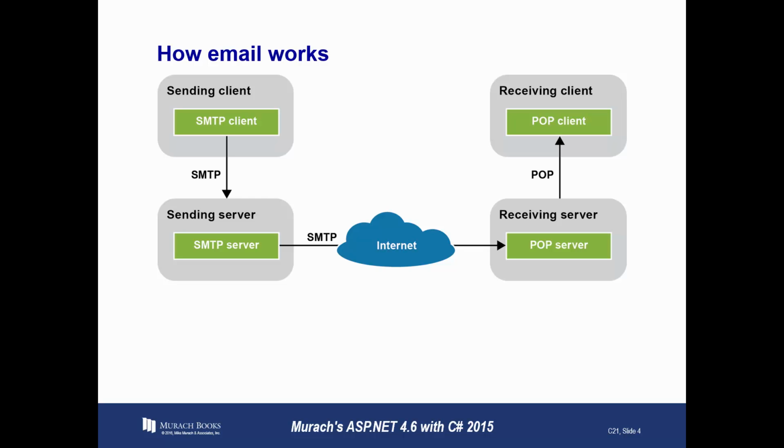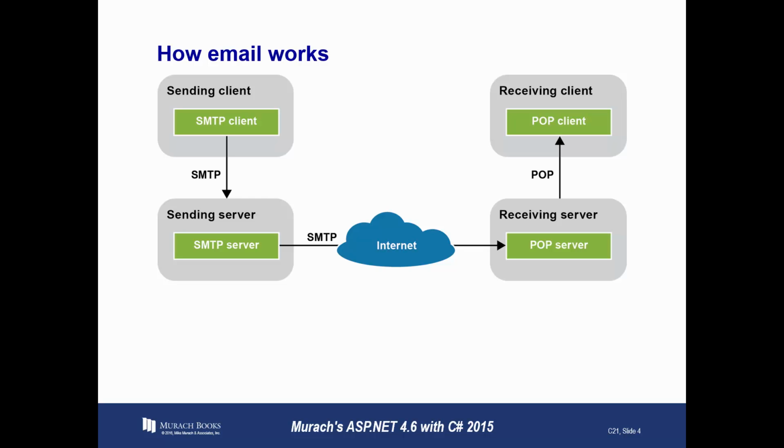The 2 protocols typically used to send email messages are SMTP, the Simple Mail Transfer Protocol, which is used to send a message from one mail server to another, and POP, the Post Office Protocol, which is used by mail clients to retrieve messages from mail servers.